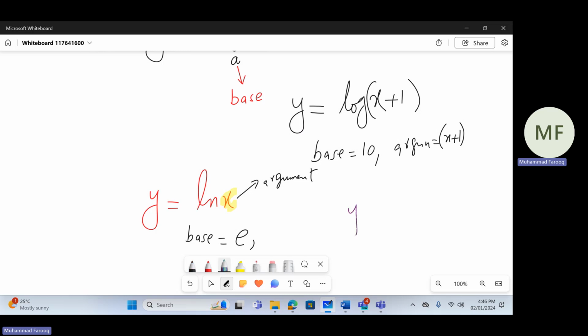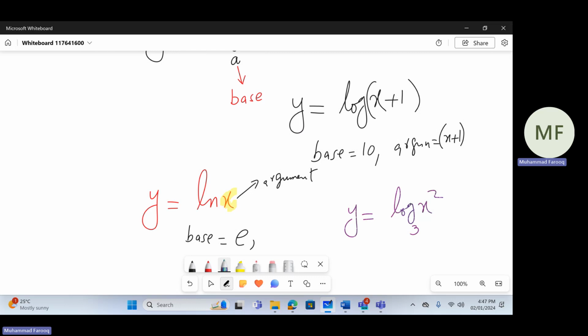One last function I write here, and then we go for some more properties. How much is the argument here? The argument is x. Base? The base is 3. Is it natural log? No. Natural log is always written ln.